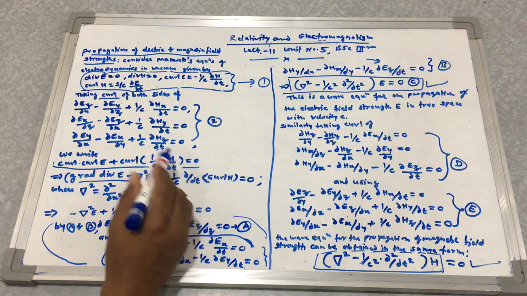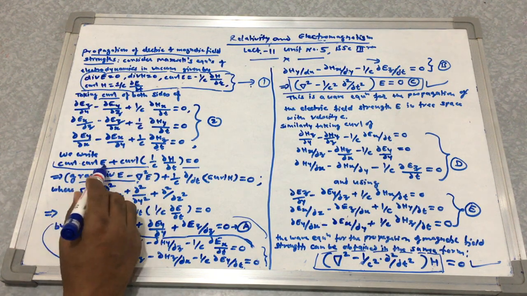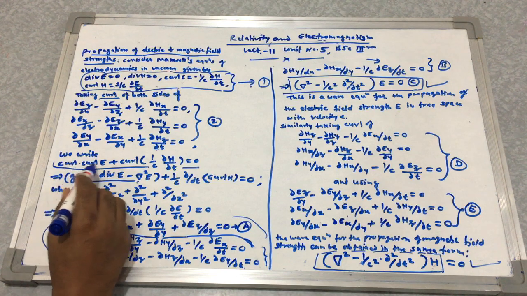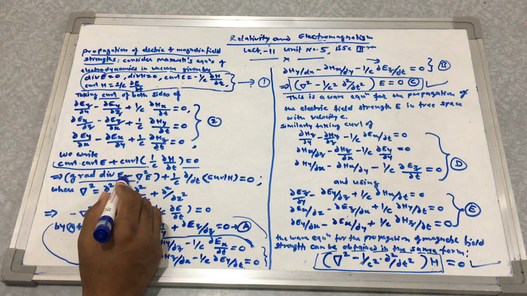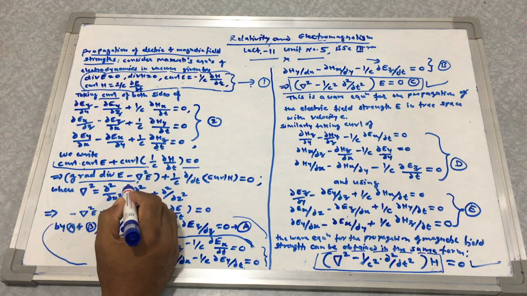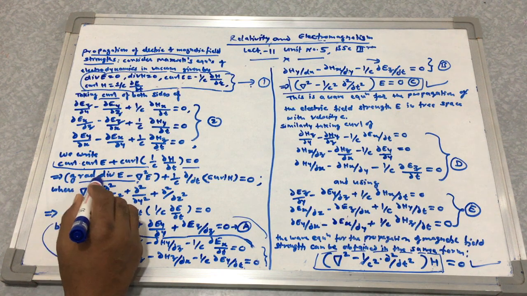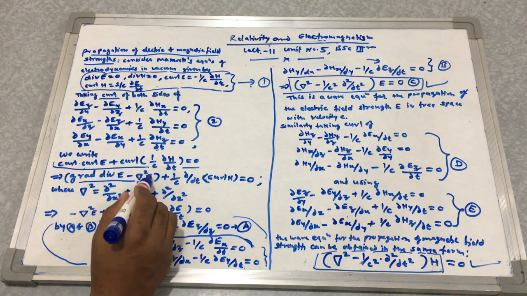Alright. So taking the curl, we have this. Then curl of curl E is equal to gradient of divergence E minus del square E.